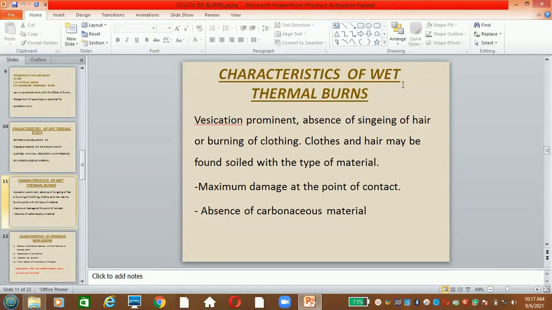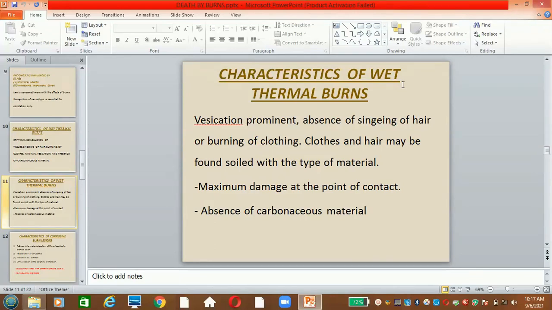Characteristics of wet thermal burns caused by hot liquids like hot water, hot oil, or by the steam. In such type of burn, vesicle formation is very prominent. Singeing of hair is not there.